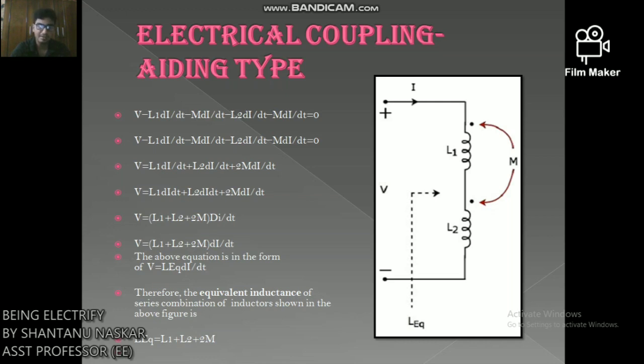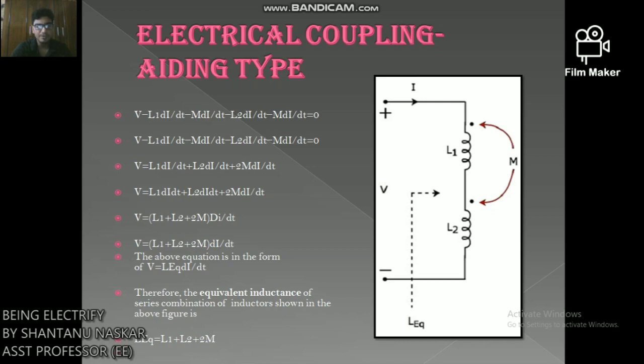Hence, the induced voltage in each inductor will have positive polarity at the dotted terminal due to the current flowing in the other coil. So if we apply KVL around the loop in this circuit or network, then go through this equation. V minus L1 di by dt minus M di by dt minus L2 di by dt minus M di by dt equals 0.